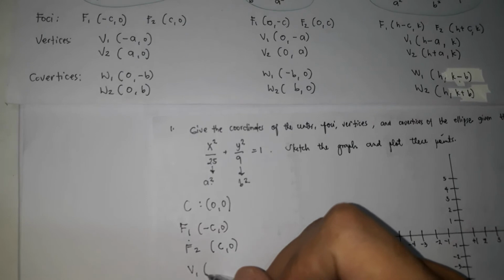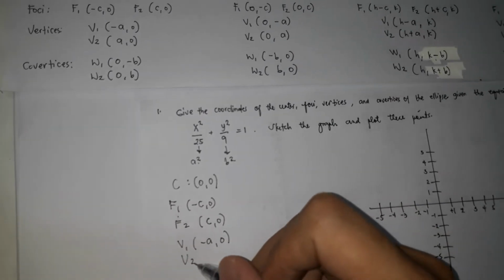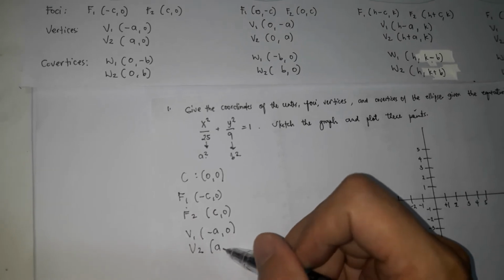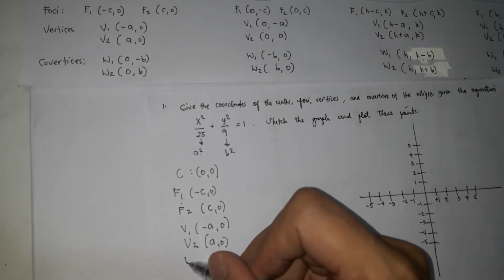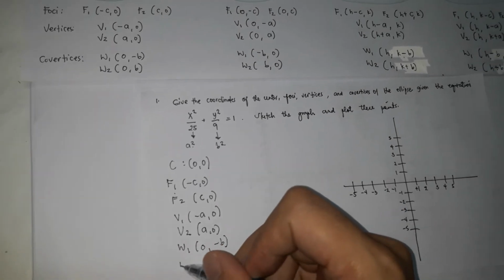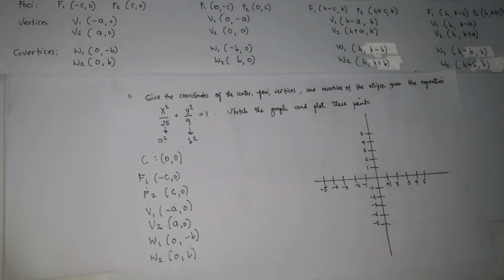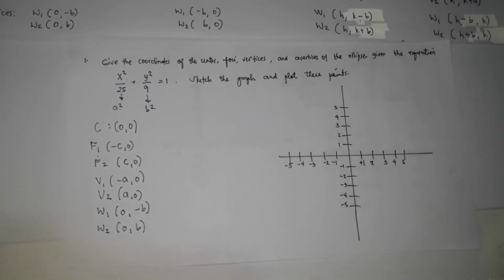The vertex 1 is negative A, 0. The vertex 2 is A, 0. The co-vertex 1 is 0, negative B, and the co-vertex 2 is 0, B. That's how we're going to identify these parts.